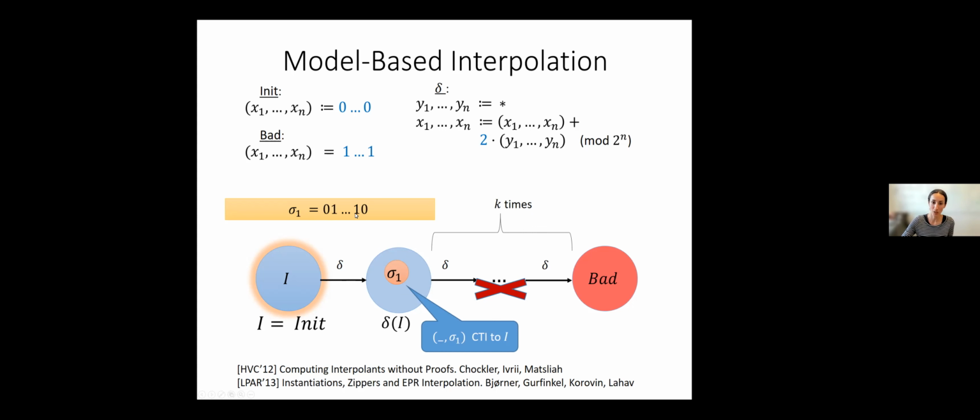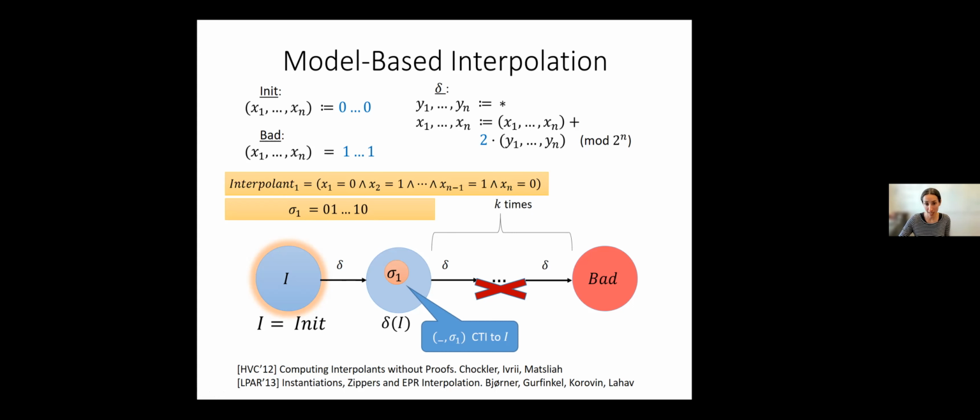This is a state that is reachable in one step from init. And then we are going to extend our candidate invariant by a cube that represents this state. But before we do it, we try to generalize, just like we wanted to generalize with McMillan's idea.